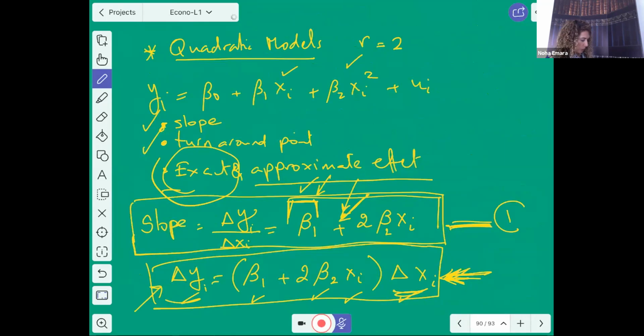What is this equation telling us? If I'm asking you from 0 to 1, the change is simply 1 minus 0, which is 1. The original level is 0, so you need to plug in 0 here and 1 here and get the number.